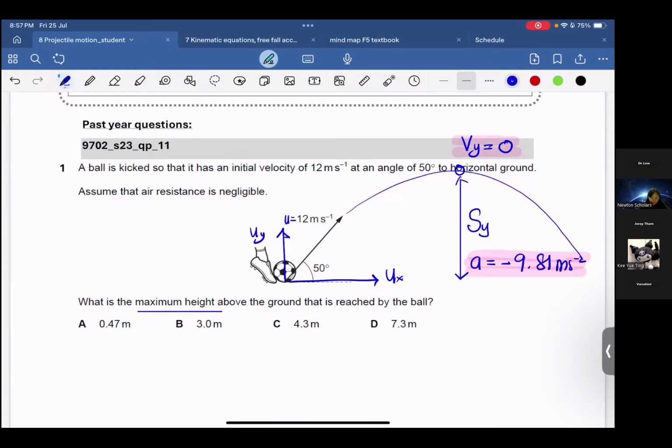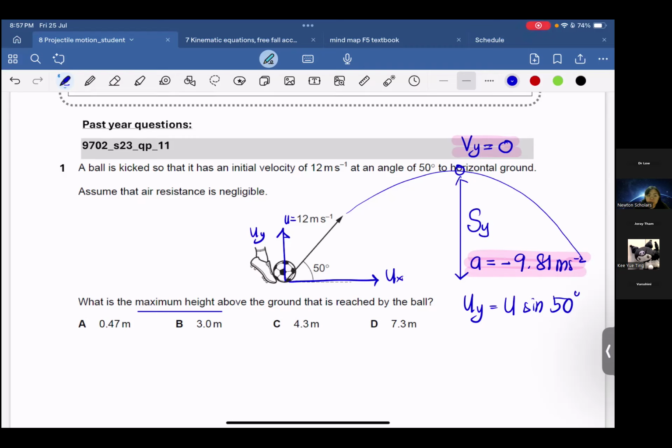Then what else can we know? VY is 0. Then UY, we're talking about vertical, so UY is U sin 50. All the information I already listed out for you.